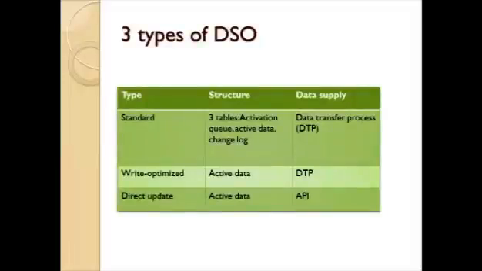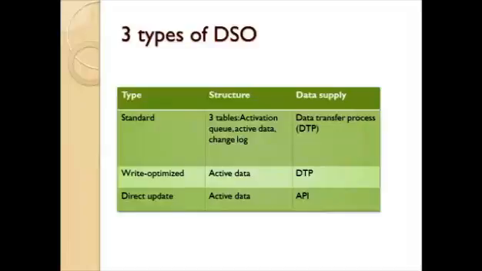There are three types of DSO as shown in this table: standard DSO, write optimized, and direct update DSOs. The second column shows that in terms of structure, standard DSOs have three tables, which we will describe in more detail later on. The three tables are activation queue, active data, and change log.